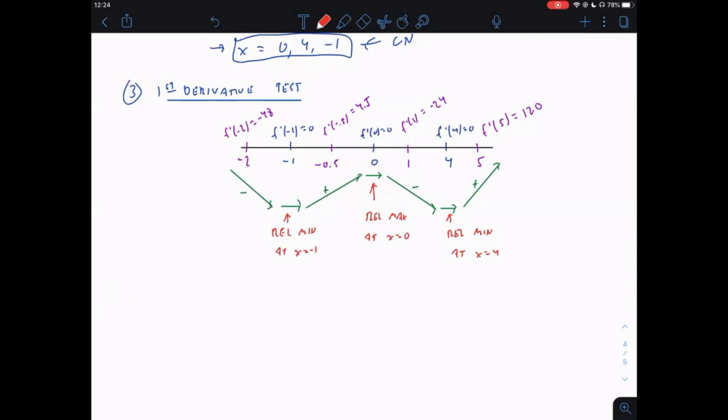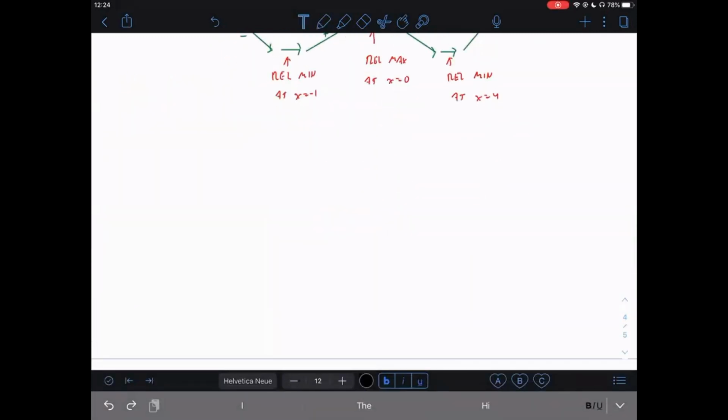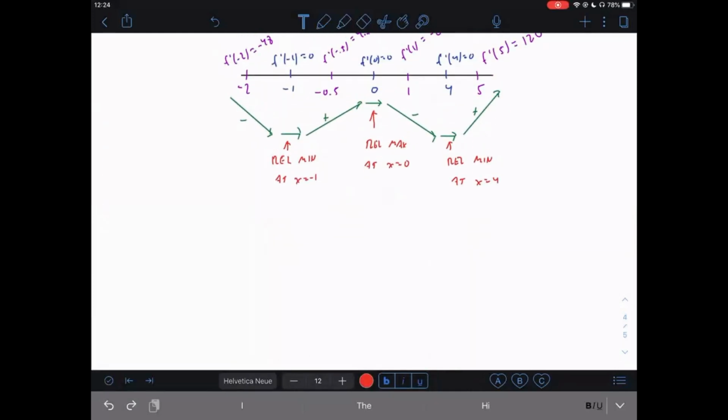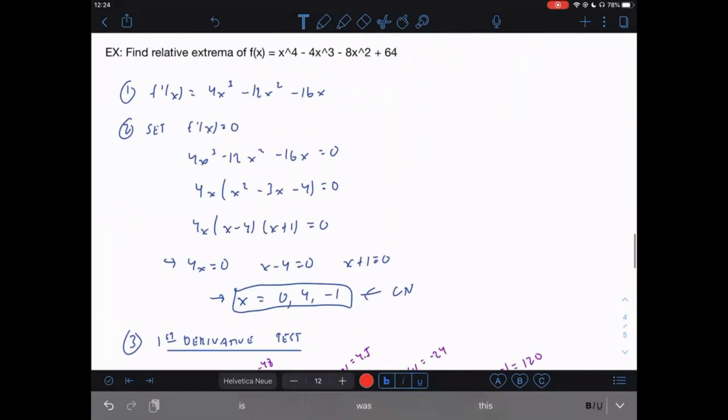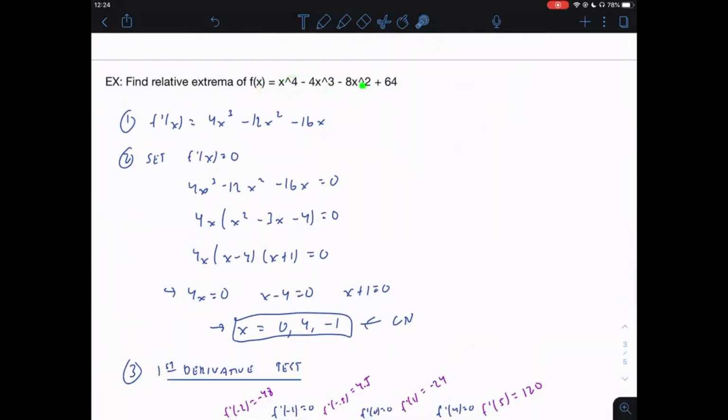All right, so again, we have the relative maximum at x equals 0, and to find the actual value of that maximum point, we have to plug 0 into our original function of f of x.